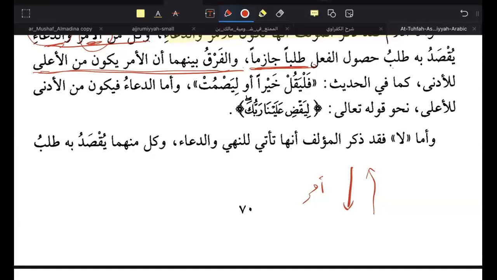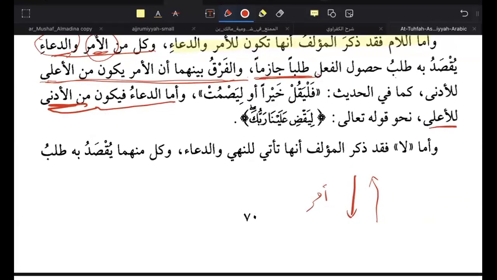He will say, Amma dua fayakunu min al-adna lil-a'la. For the dua, the supplication, if you're lower level and you're asking something of the higher level, it will automatically be converted into a supplication. Is it clear? For example, he gives an example.